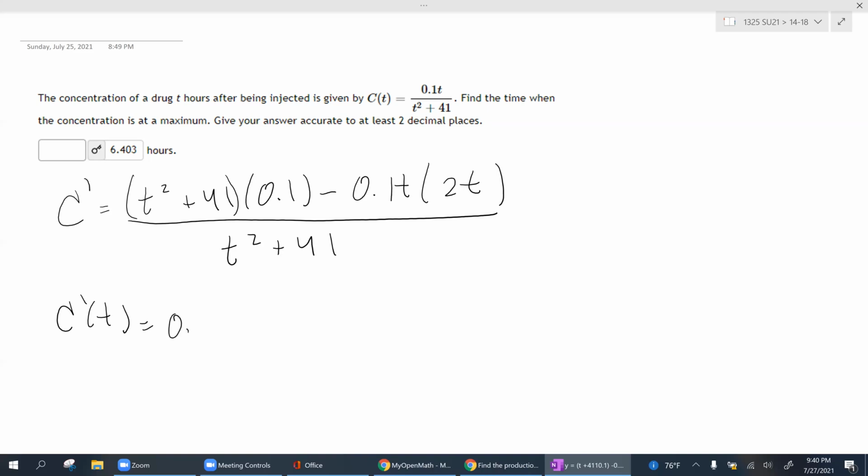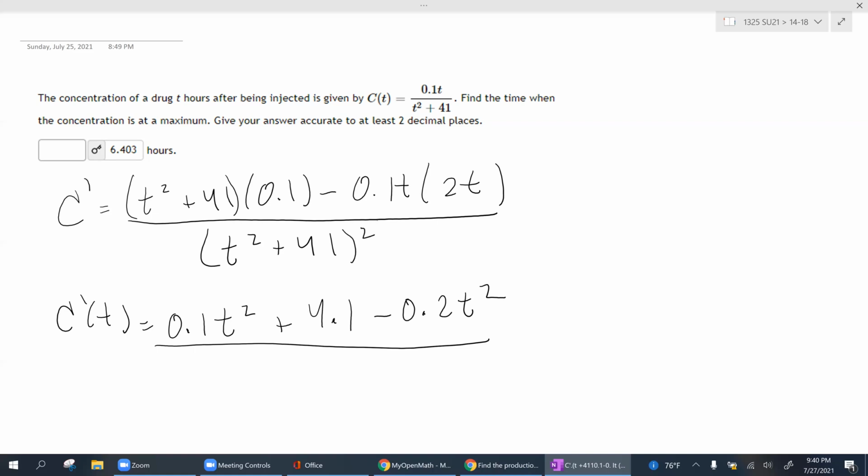0.1 t squared plus 4.1 minus 0.2 t squared all over the bottom squared. I'm sorry.